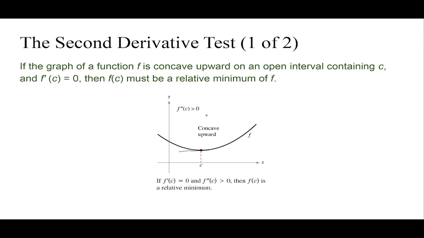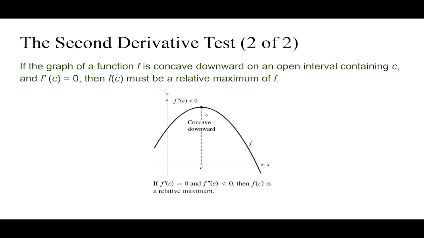That means the tangent line is a horizontal tangent line like this. Then the value of the function at this point is a relative minimum. And the opposite, if the graph is concave downward, which means the second derivative is negative, and the first derivative is 0, then at that point you are going to get the maximum value. So that's the second derivative test.